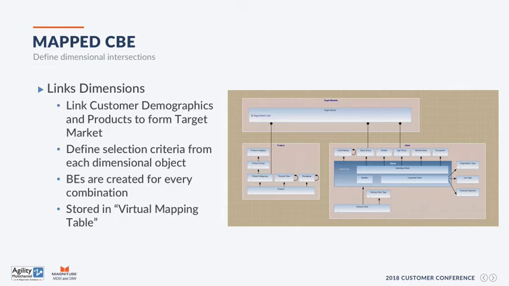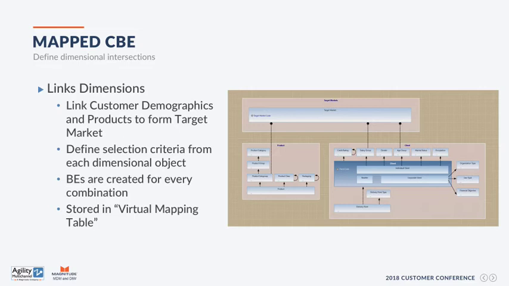Another unique concept in our modeling is this concept of a mapped BE. It allows us to link dimensions together, or subsets of those dimensions, to form demographic or mapped combinations between those dimensions. Examples are exactly that: linking customer demographics and products, for example, to create a target market definition.